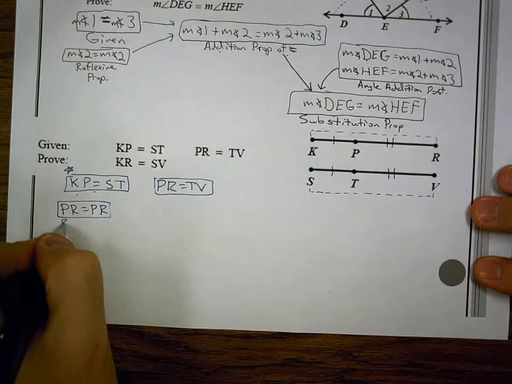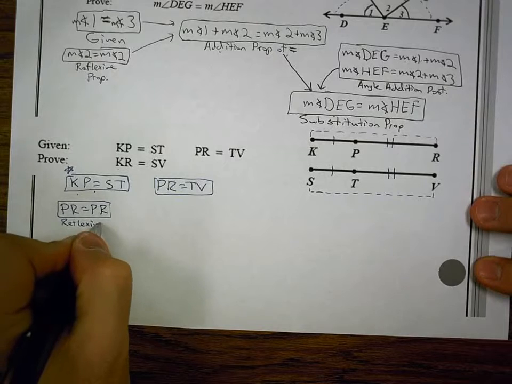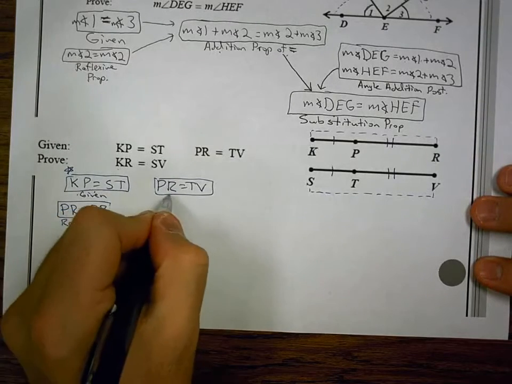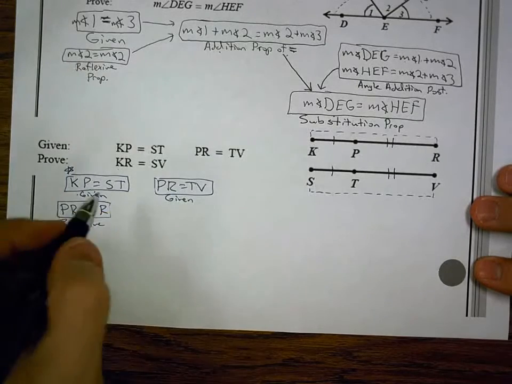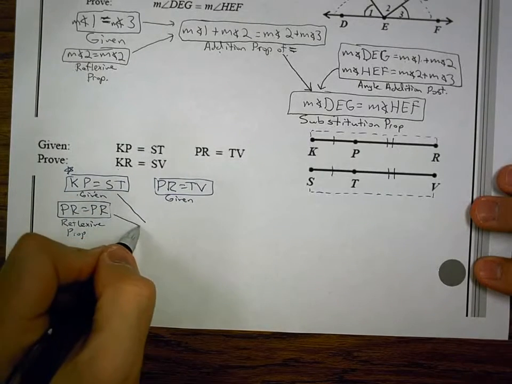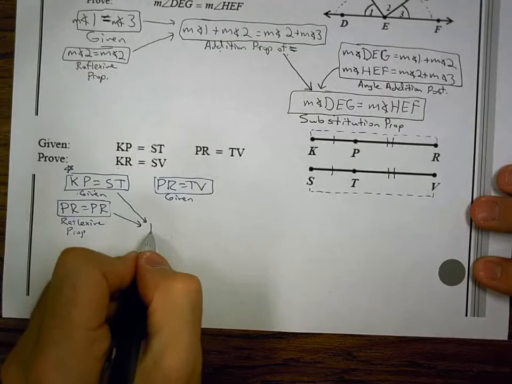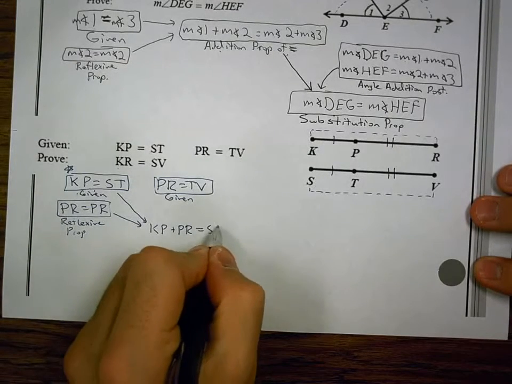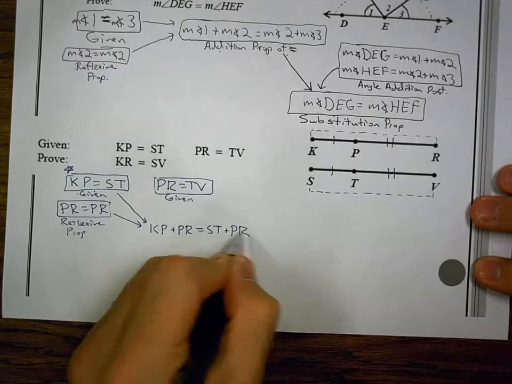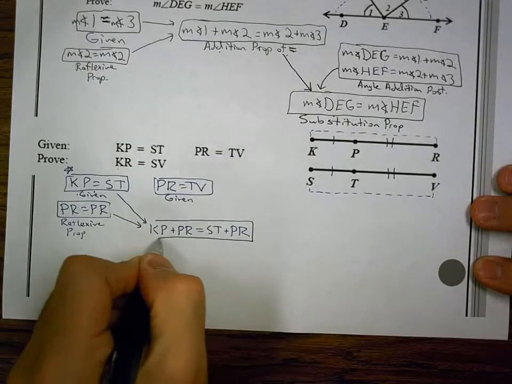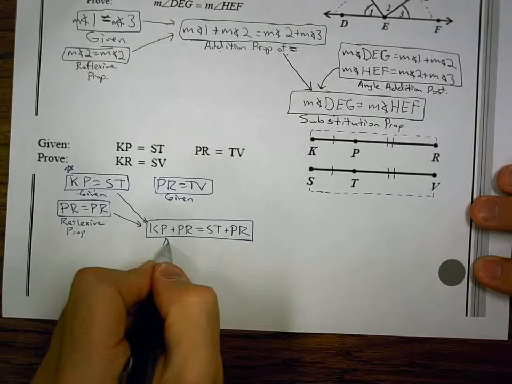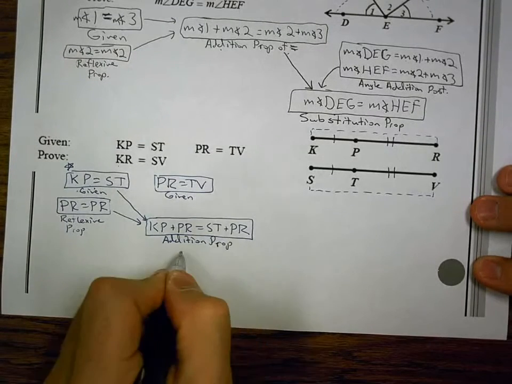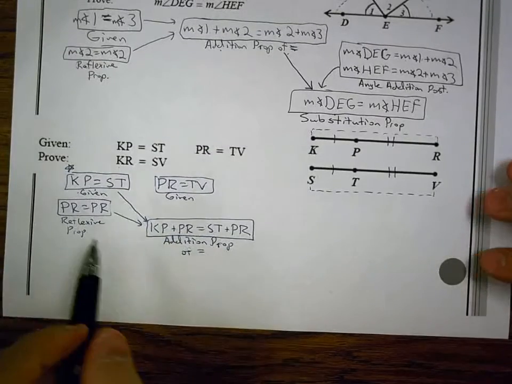Because that's the reflexive property, and like we've said with reflexive property, whenever we mention it, we want to add to both sides. So I could do that, and I get that KP plus PR equals ST plus PR. Now, if you're not quite sure why we did that, we'll see why in a second. This is the addition property of equality.